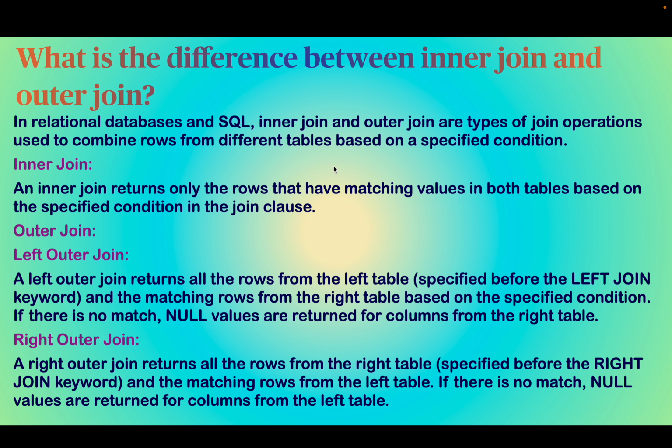Suppose I have an employee table with department ids 1, 2, 3, 4, and I have one more department table wherein the department ids are just 1, 2, 3. Inner join will return only the employees of department ids 1, 2, 3. Why? Because inner join will return the rows that have matching values in both the tables.